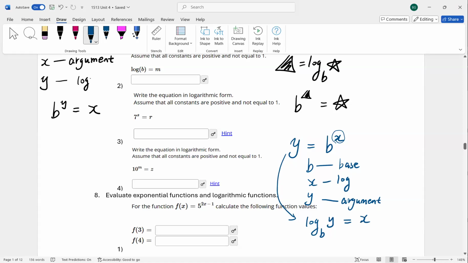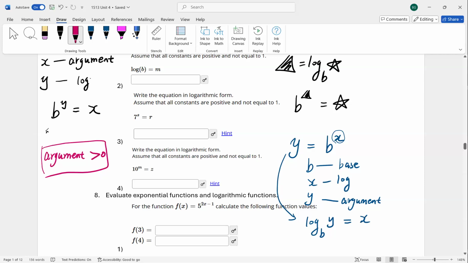So the argument is always bigger than 0. It can never be 0 or negative. So here comes a very important conclusion: the argument is always positive.